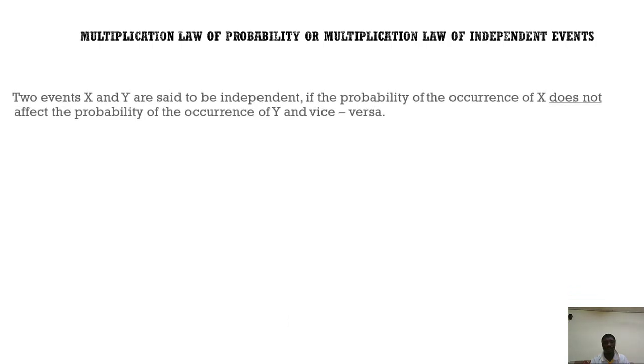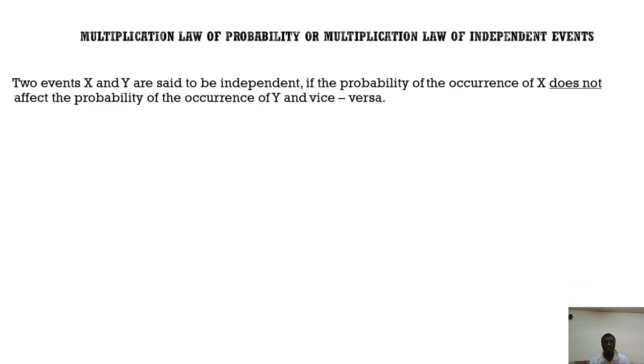Now, based on this, let's try to get more understanding. Two events, X and Y, are said to be independent if the probability of the occurrence of X does not affect the probability of the occurrence of Y, and vice versa. I hope you get it.